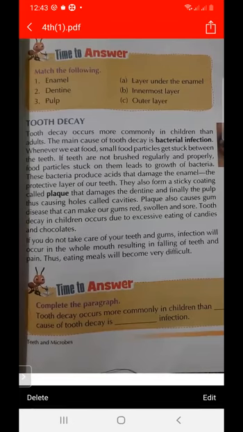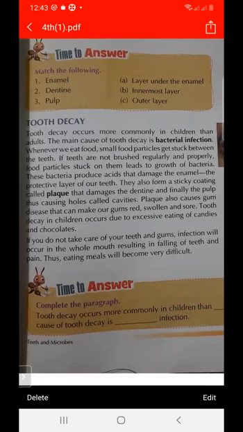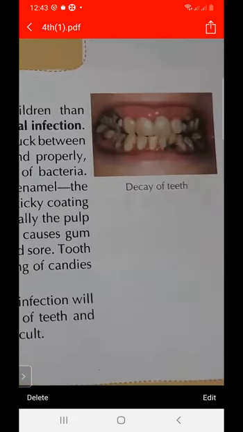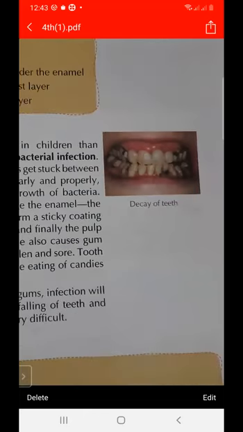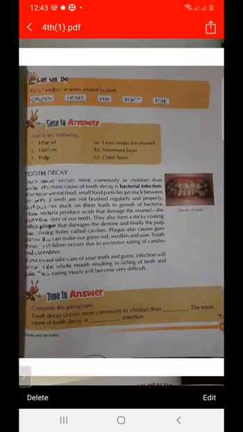If you do not take care of your teeth and gums, then infection will occur in the whole mouth, as shown in the figure. So in this way, tooth decay occurs.